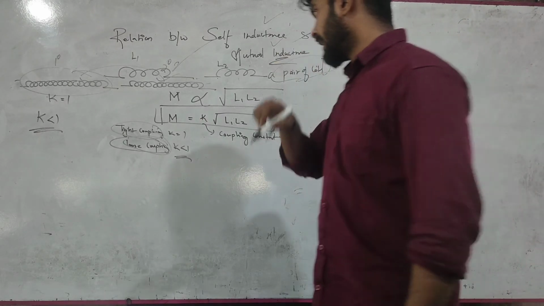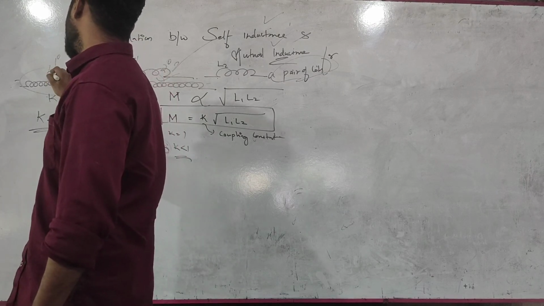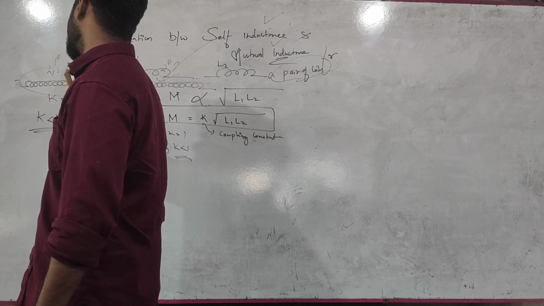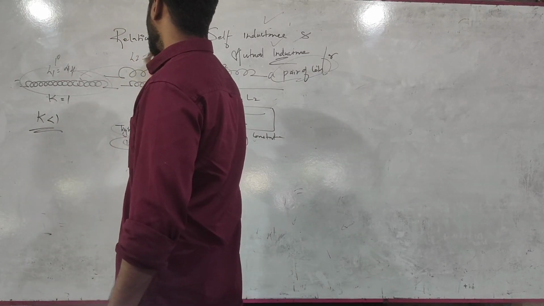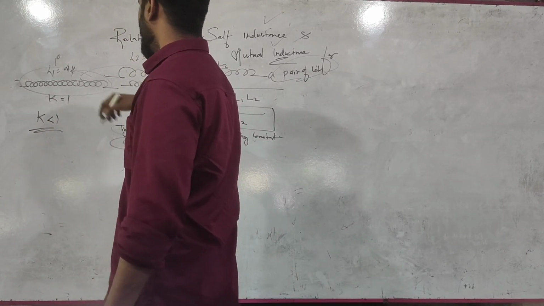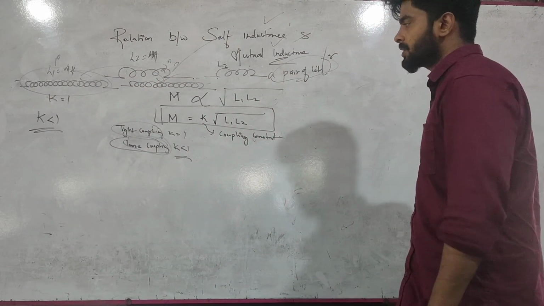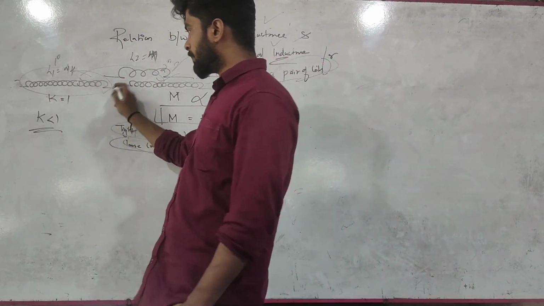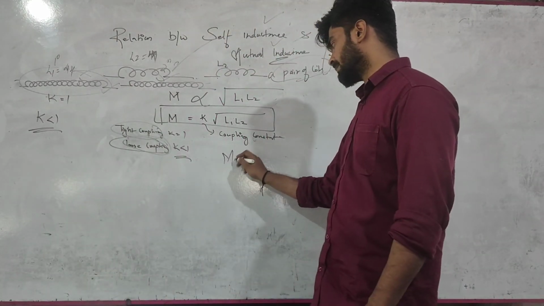So imagine I have a pair of coils of which the self-inductance of the first coil is 4 Henry and L2 is again 4 Henry. L1 and L2 have the same self-inductance, 4 Henry each, and the coupling is tight coupling. Tell me what will be the mutual inductance then?